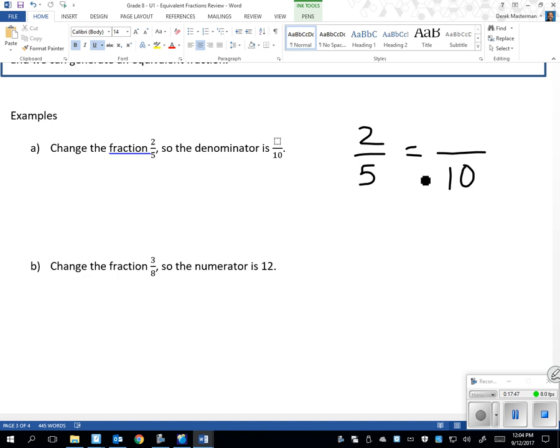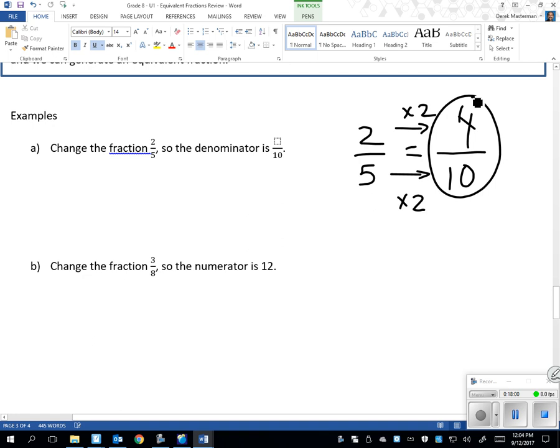I have 4, and I now need 10 of those to make a whole. Very good. So to get from here to here, I multiplied by? 2. Therefore, I'm going to do the same thing up here, and as Brett says, 4/10 is the same as 2/5.